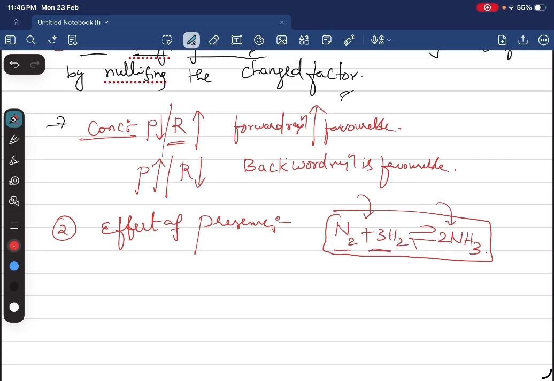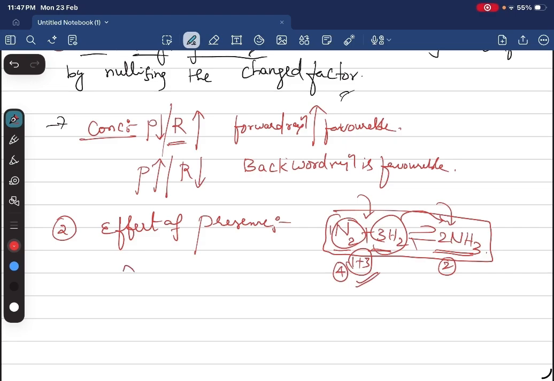Wherever more moles are there, they will collide more. On the reactant side, total moles are 4, 1 nitrogen mole and 3 hydrogens, while here only 2. When we increase pressure over equilibrium, wherever more moles are there, they collide more, so the reaction moves in the forward direction, the increased pressure is nullified and the new equilibrium is re-established. That's how we can discuss the pressure effect with respect to collision theory.